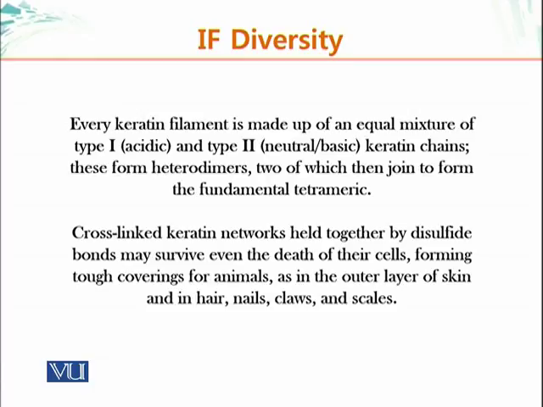Every keratin filament is made up of an equal mixture of type 1, which is acidic, and type 2, which is neutral basic keratin chains. These form heterodimers, two of which can then join to form the fundamental tetramer, which is the subunit for intermediate filaments. Cross-linked keratin networks held together by disulfide bonds can survive even the death of the cells that formed them.